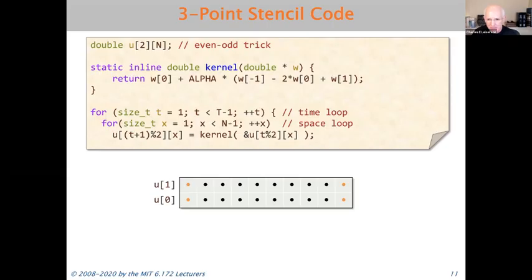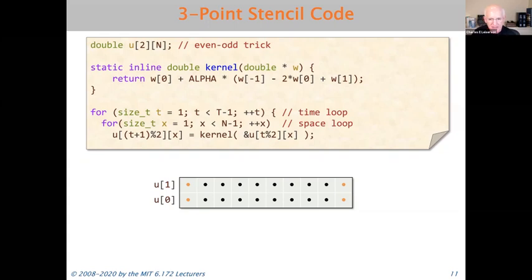Now the argument to kernel is a pointer to the array element to be updated. And this function uses a C trick that you've seen before.